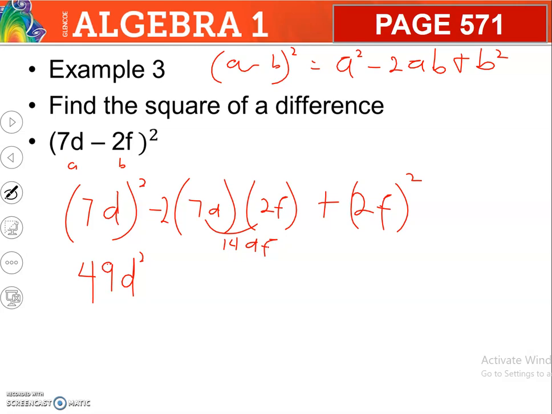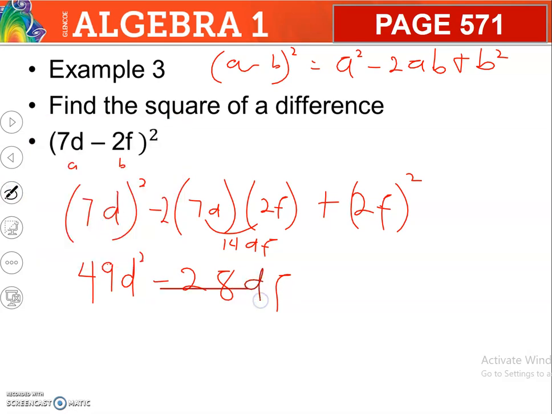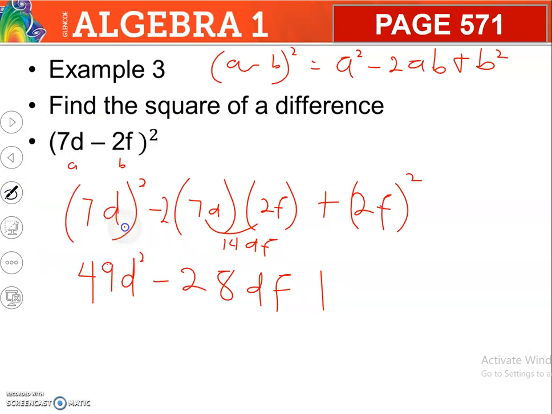We have 28, so minus 28df. Then plus 2f squared will give us 4f squared, and that is our answer.